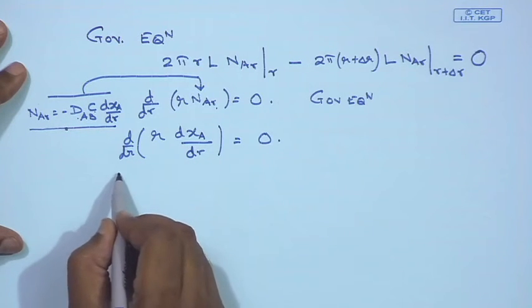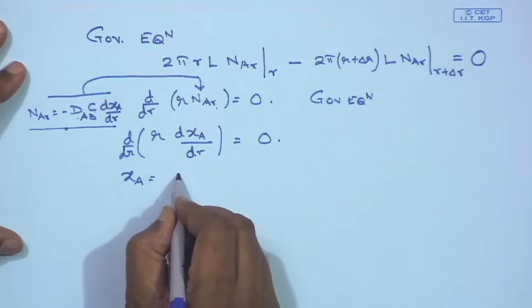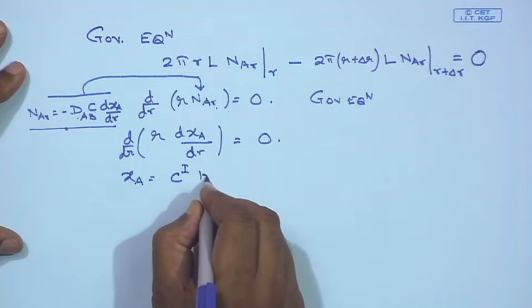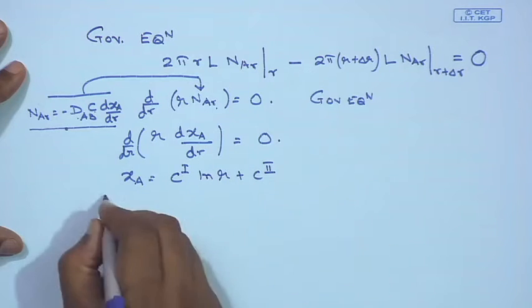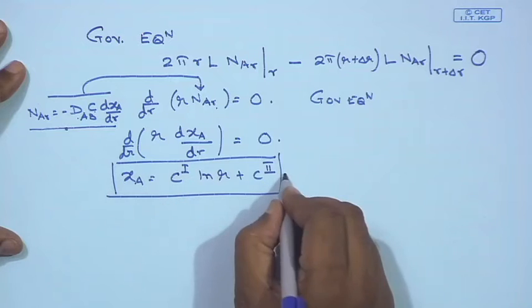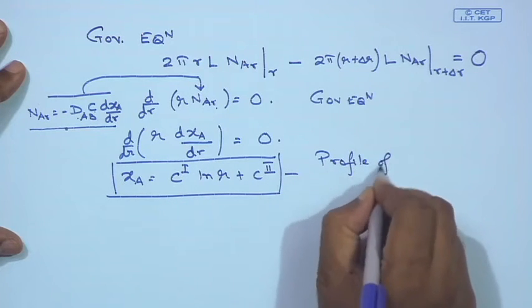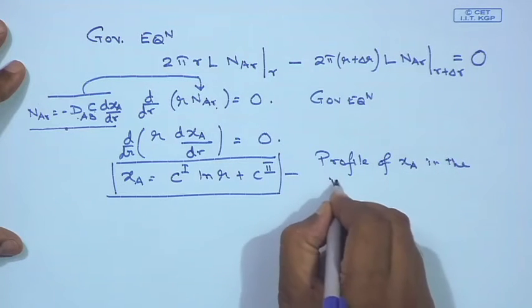Once you integrate it twice, you are simply going to get x_A equal to C1, where C1 is one constant of integration, times ln r plus C2. So, this would be the profile of x_A in the inert material.